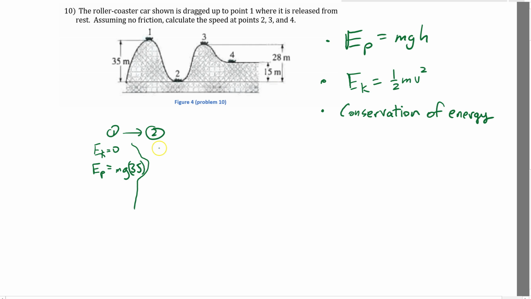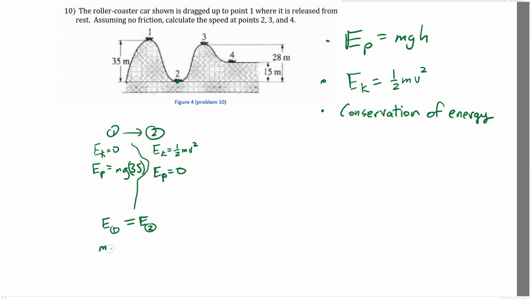Okay, so at point 2, it will have kinetic energy, 1/2 mv squared, but point 2 is actually on the reference line that we're using. So there is no height for point 2, or the height is 0. So the potential energy at point 2 is 0. And so the energy at point 1 has to equal the total energy at point 2. That's conservation of energy.